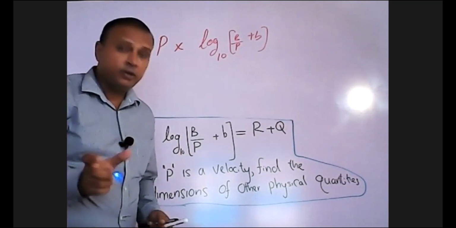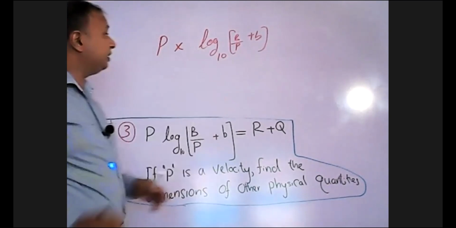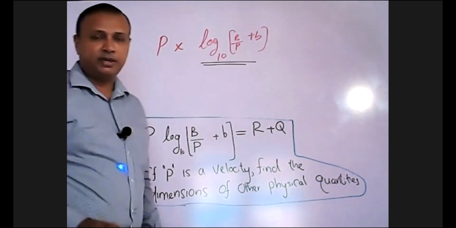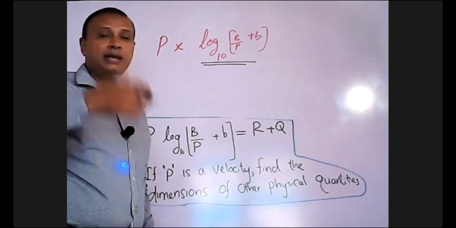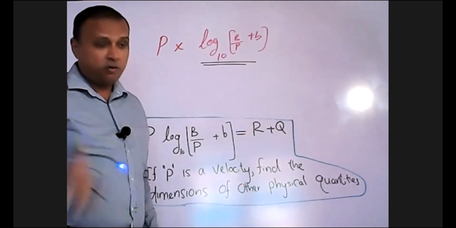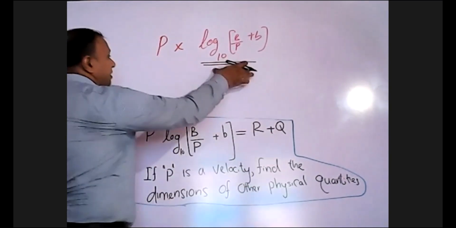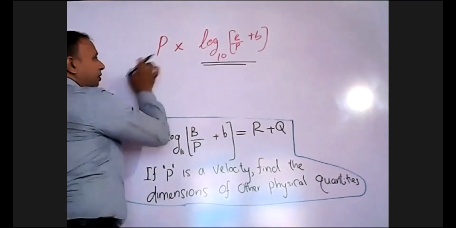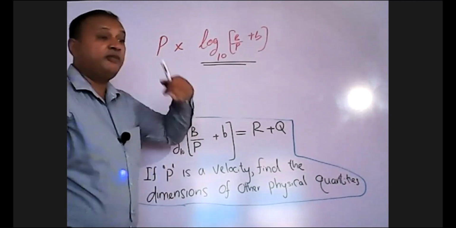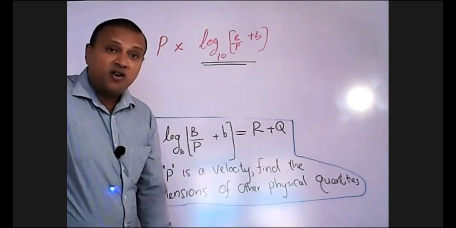The first thing you have to know is that this is a logarithm function, which means it is just a number, something like 2, 3, 4, 10. So this number is multiplied by P. P is a velocity. So a velocity multiplied by a number results in a velocity too, no?